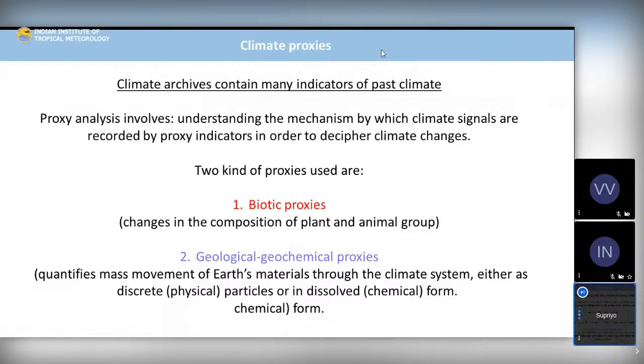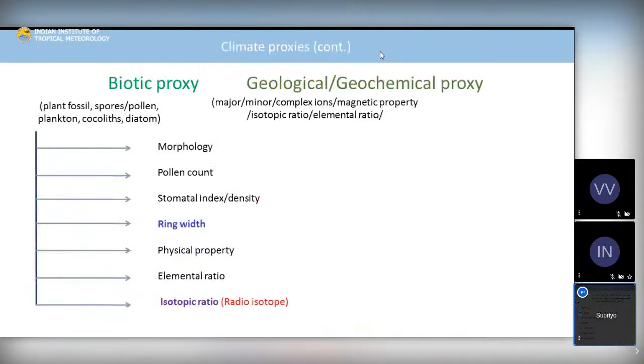Similarly, geological and geochemical proxies represent the mass movements of Earth's materials through the climate system, either directly or by some chemical changes. The biotic proxies consist of plant fossils, spores and pollen, plankton, coccoliths, diatoms, etc. And the parameters which are measured are morphology, pollen count, stomatal index or density, ring width, physical property, elemental ratio, and isotopic ratios.